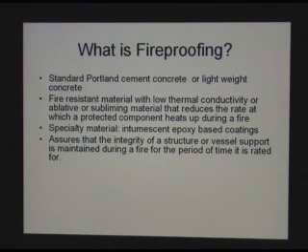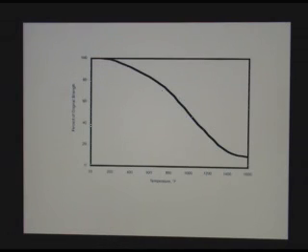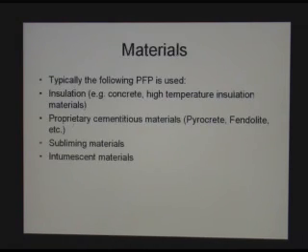And all these materials will only work for a short time period, typically in refineries 2 to 3 hours. This curve shows how steel loses its strength with temperature. If we go to our 1,000 degrees here, we have about half the strength left, which is typically safe. Here are some brand names.